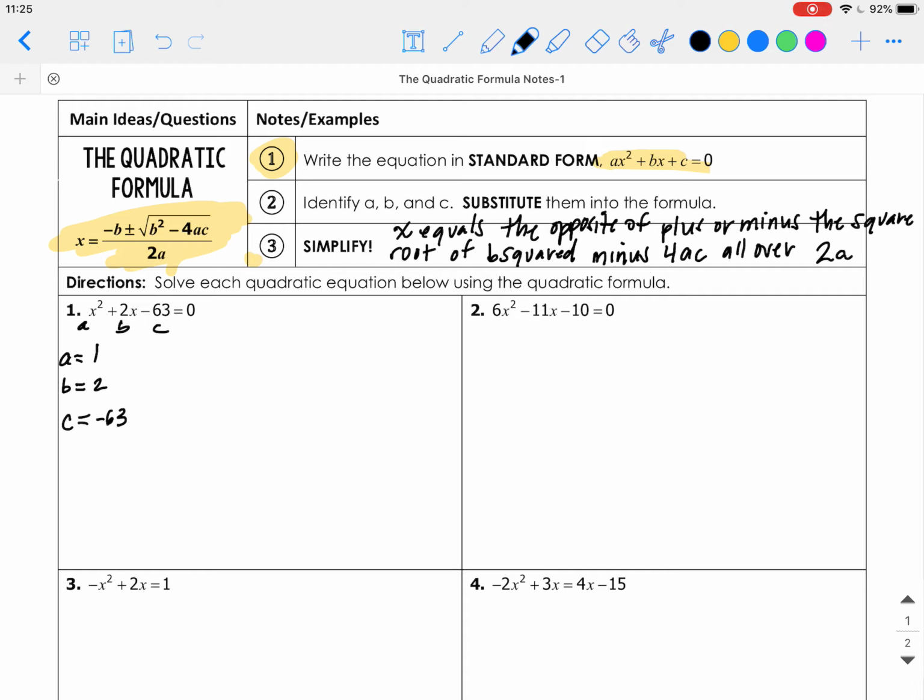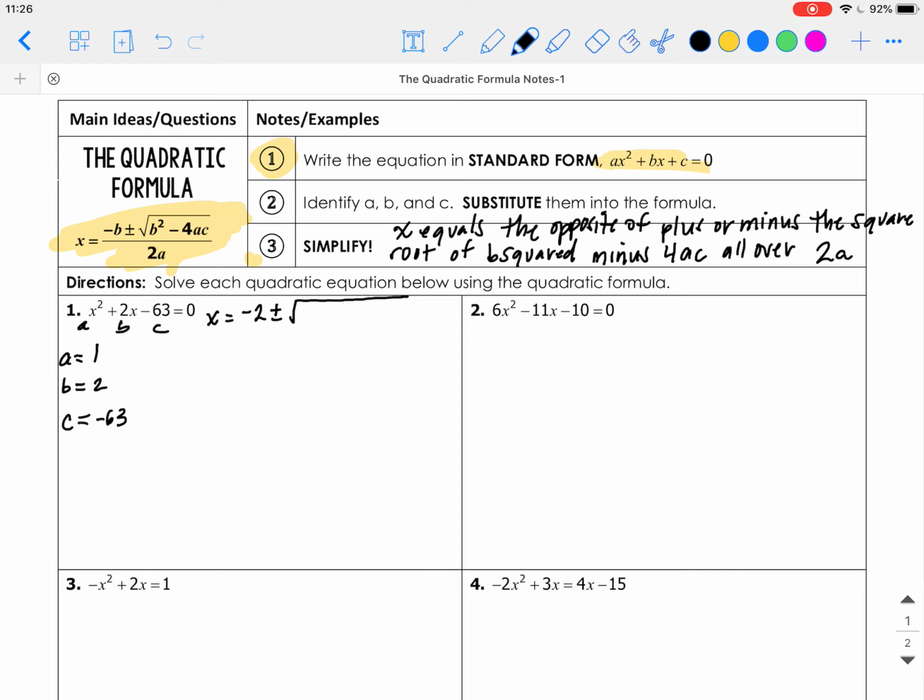So what I'm going to do is literally plug it in as I see it. So I know I have the opposite of b, so let me put my x equals first. X equals the opposite of b, and b is 2, so the opposite of 2 will be negative 2, plus or minus the square root of b squared, and I'm going to plug these in using parentheses.